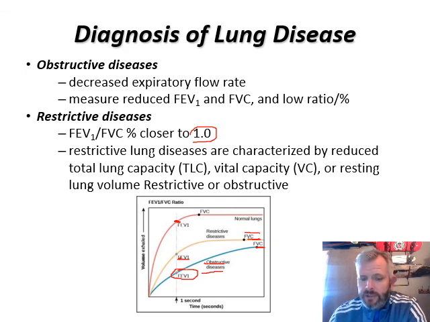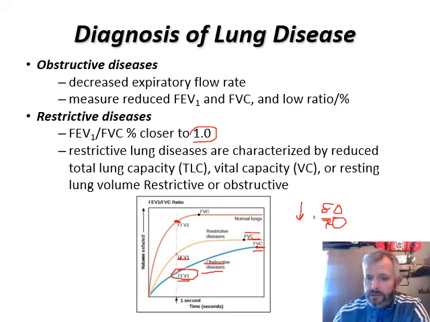Whereas if I have an obstructive disorder, my FEV1 over FVC would be lower than that 0.80 or 0.70. Sorry, 0.70. And my FVC would also be lower. So that would be a cue for obstructive disorder.